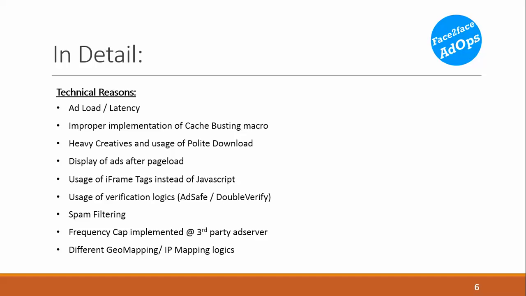Now what happens here is, for all these requests, the publisher ad server, when showing the content on the page as well as ads, requests the third-party ad server for the content. On the 4th time, the third-party ad server might say, I'm sorry, I can't show you the ad again.